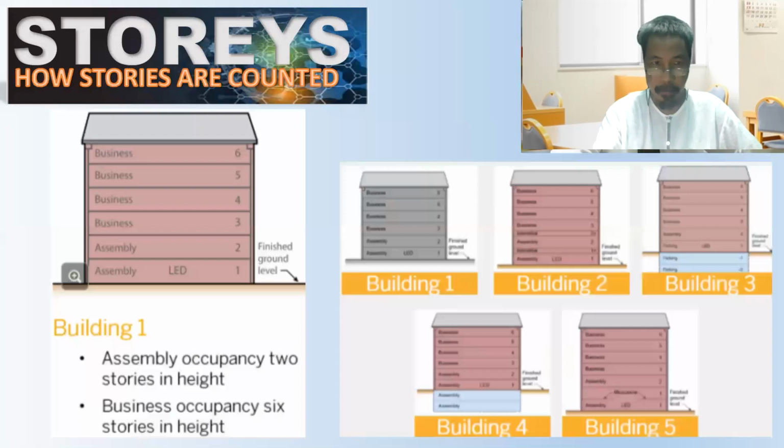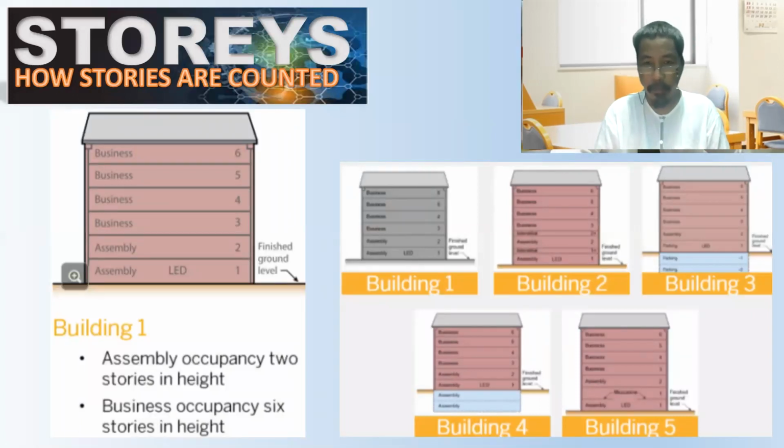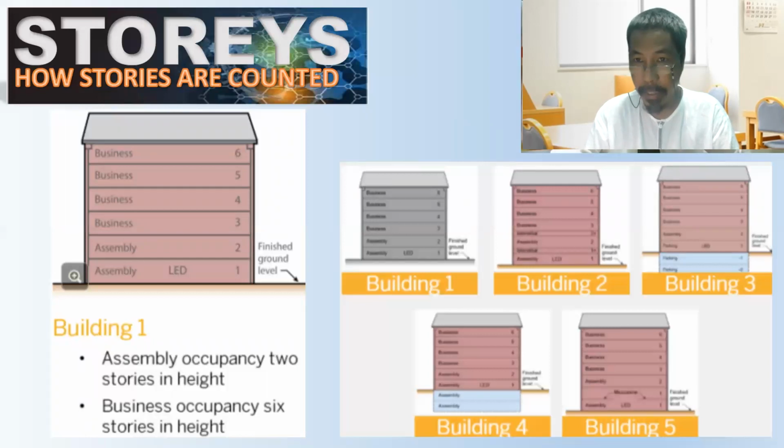Okay, let us proceed with 5 examples. Let us one by one look at the following examples. Building number 1, we have the first floor, second floor, up to the 5th floor, wherein the first 2 lower floors are for assembly application, and the third floor up to the sixth floor are used for business purposes.